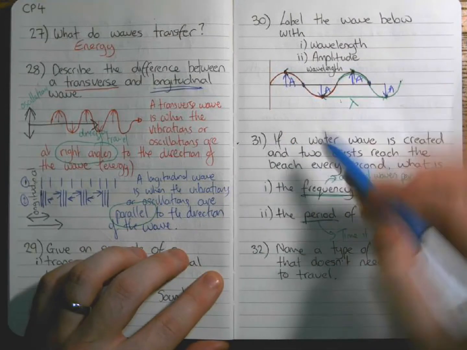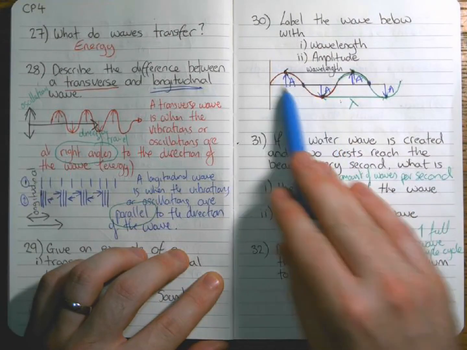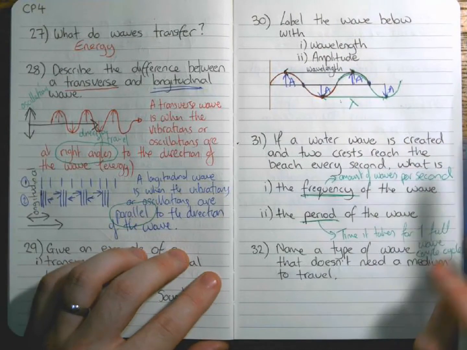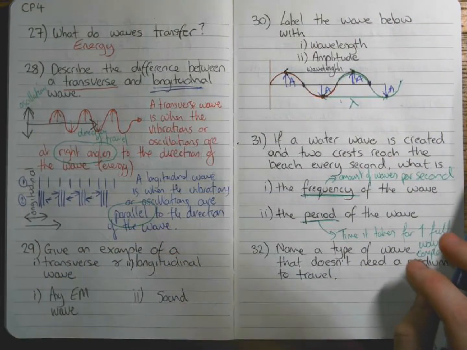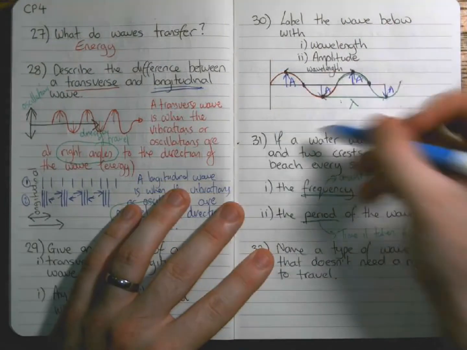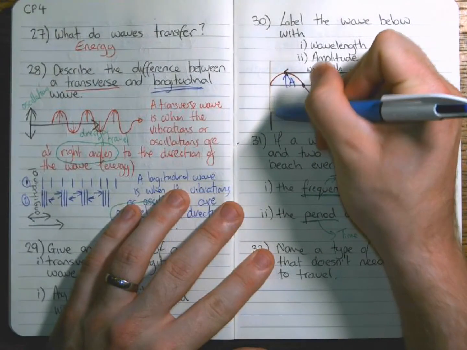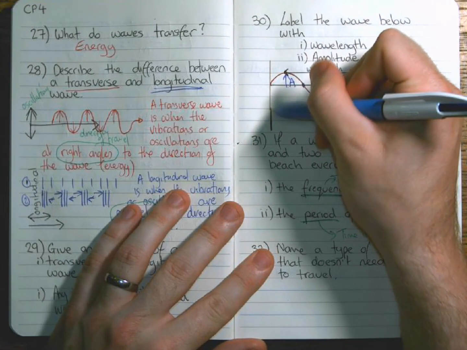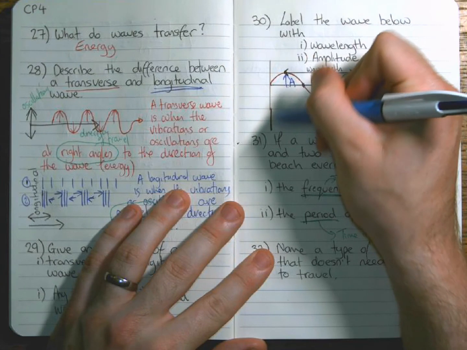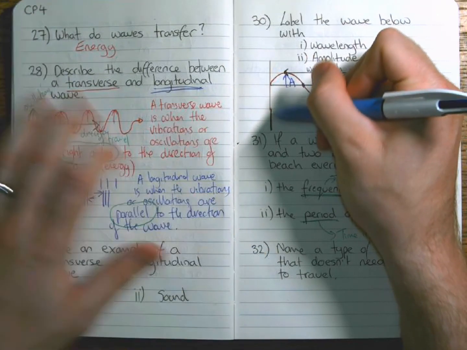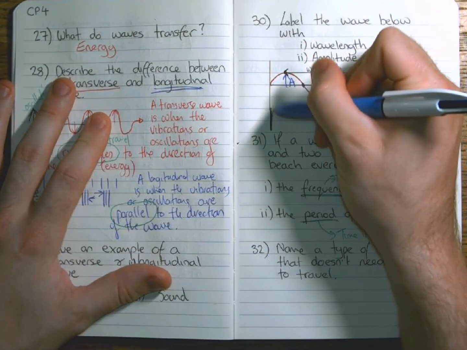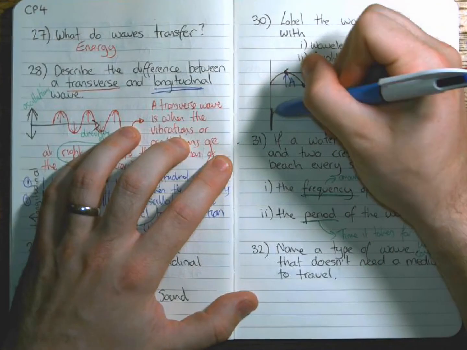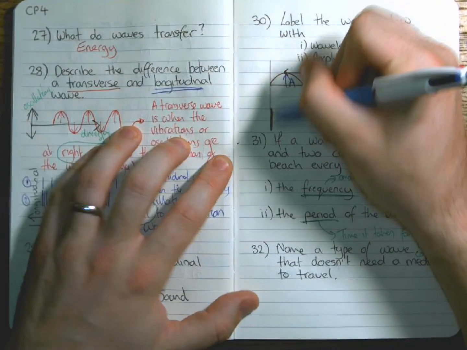To prove that these wave shapes are formed simply by particles moving up and down and the energy moving to the right, you can think about transverse waves like this. You can see I'm moving my pen up and down. So there's our vibration or oscillation. If I keep that movement going, but move my hand to the right, we'll see what happens.